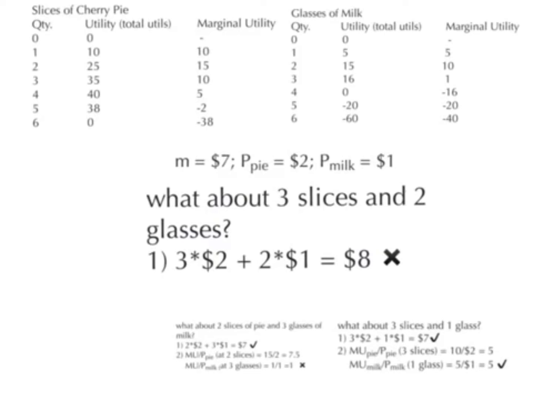Each slice of pie costs us $2, so 3 slices of pie would mean we spent $6 on pie, and each glass of milk is $1. So if we bought 2 of those, that would be $2 on milk. And we add that up, and we find out that immediately this cannot be an optimal allocation because we can't afford it.